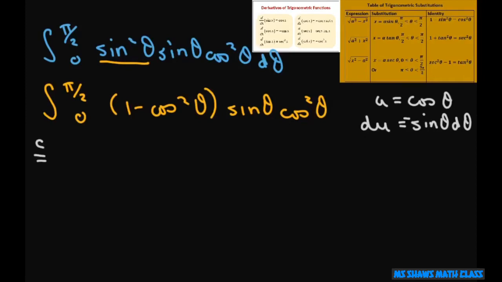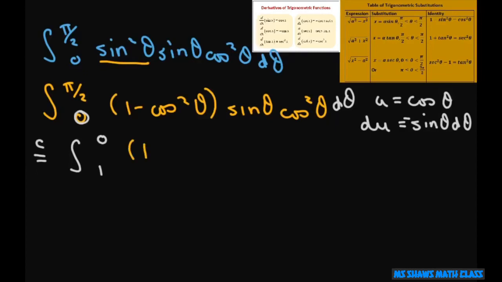So simplifying further, when you substitute in your 0 and pi over 2, cosine of pi over 2 is just 0, and cosine of 0 is 1. But we have this negative du, so let's just write it like this for now.